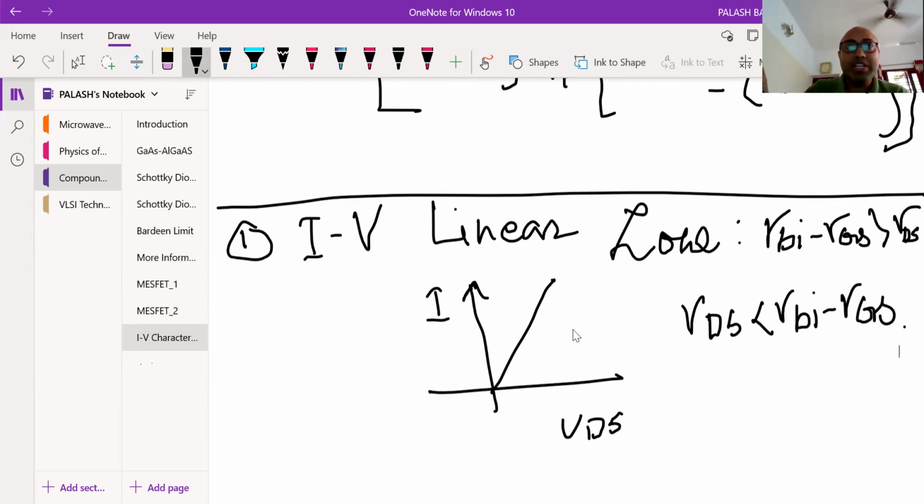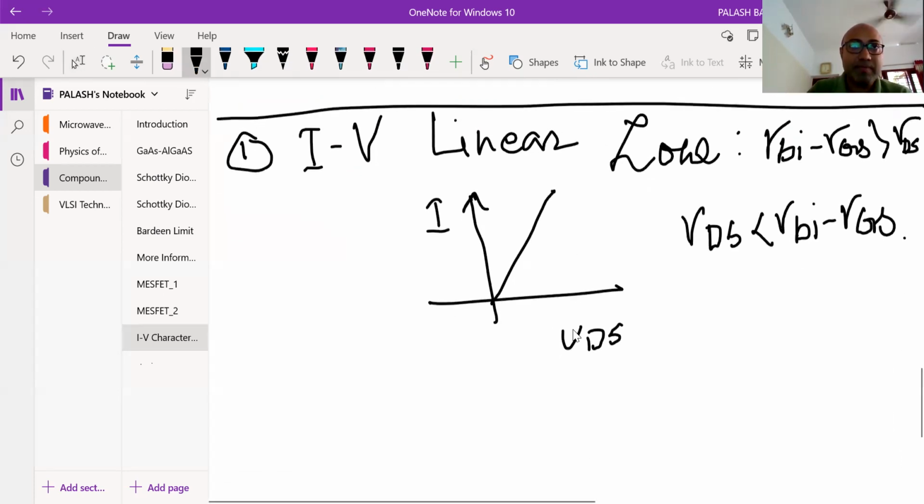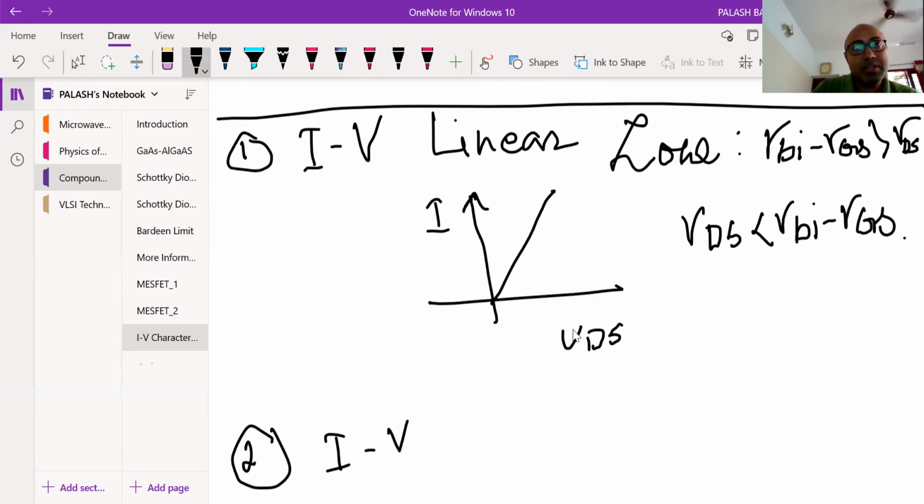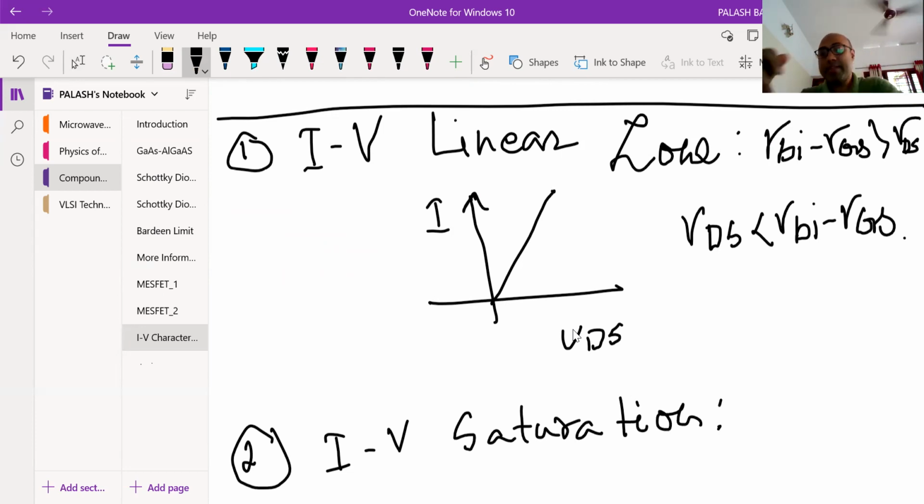What I'm going to do is the other part, saturation. The second part is actually IV characteristics in saturation. So what does saturation mean?